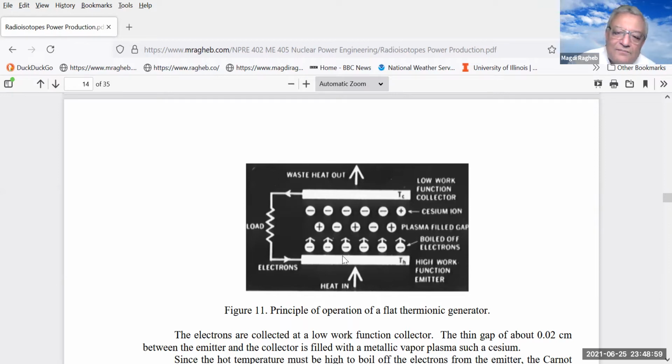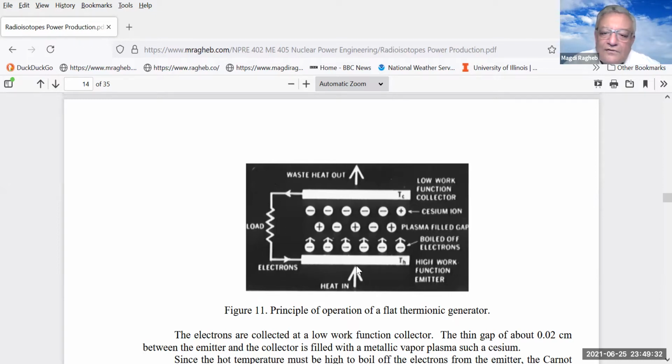So if you heat up the cesium vapor, in that case, you can break the cesium atom into ions and electrons. And once you boil that cesium, basically, the atoms, you find that your electrons start moving from the one side to the other, the hot junction, T sub H, to the cold junction, T sub C, and you find that you can have a current of electricity going out in a load.